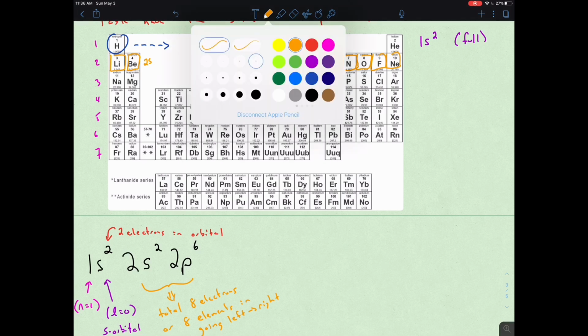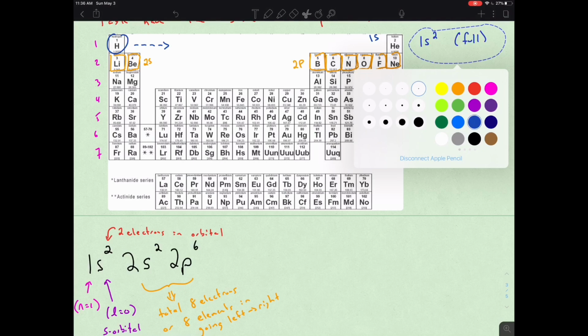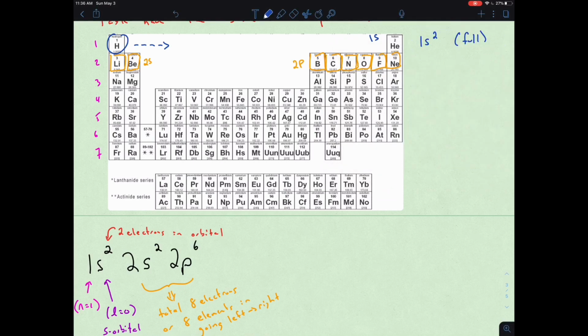So just like with hydrogen going to helium, we have the 1s full, going from 1s1 to 1s2. Right now we actually have more. We now have the 2s2 and the 2p6 full.